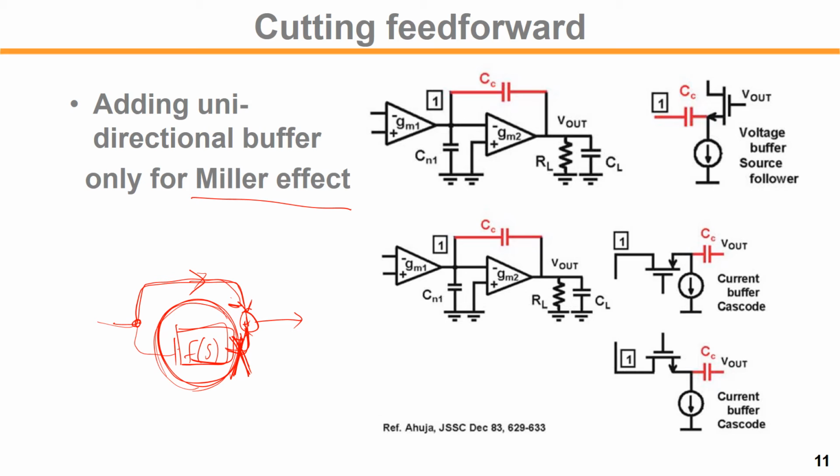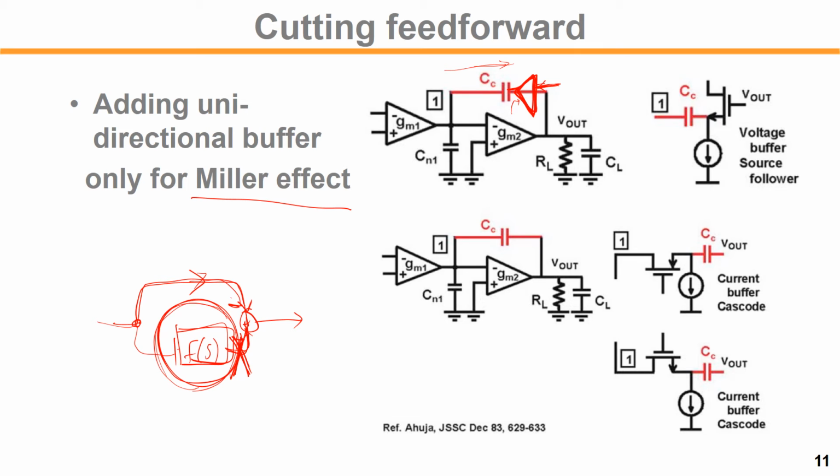To do that, one way is to add an amplifier here, so that the forward path is avoided. Because the amplifier impedance is low, the signal cannot pass through the amplifier the other way. The amplifier only passes the input signal from the input to the output, right?